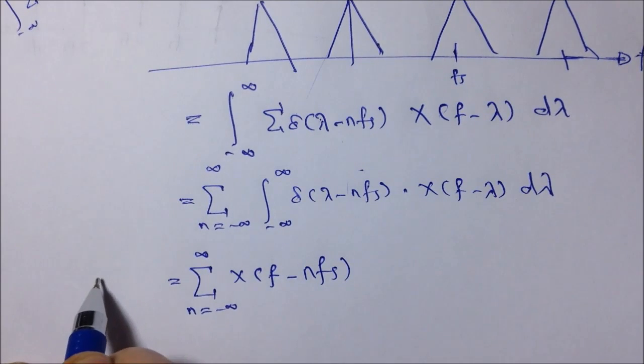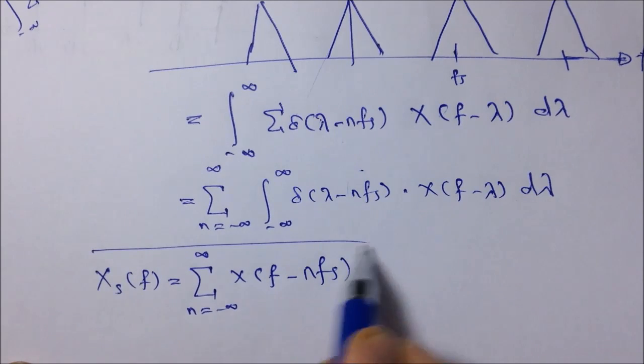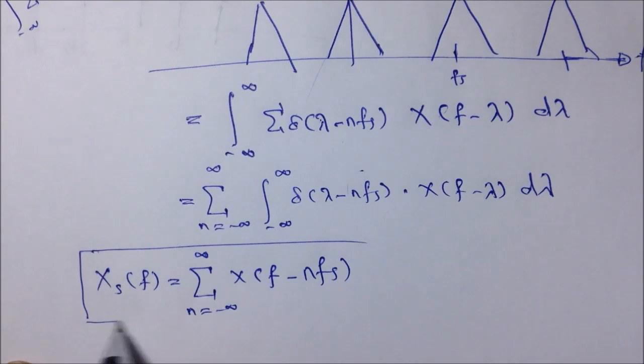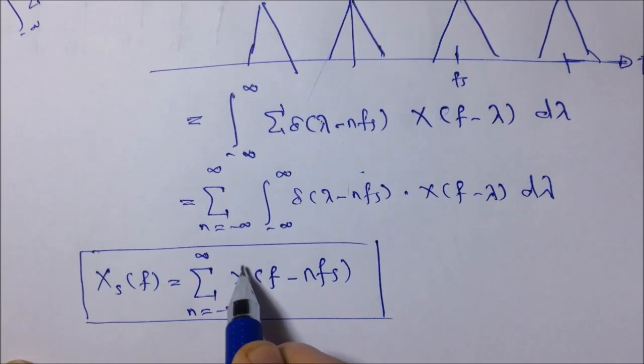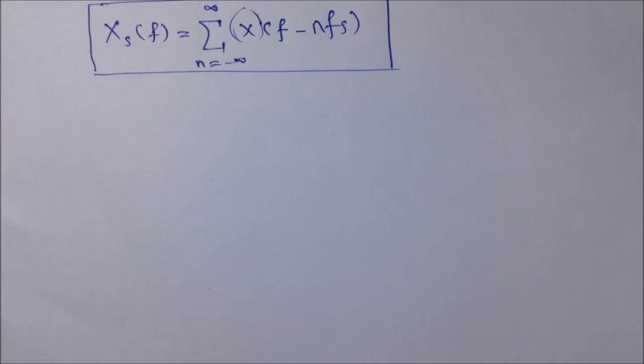So finally, this is the Xs of f formula that reveals its relation with the original spectrum X of f.